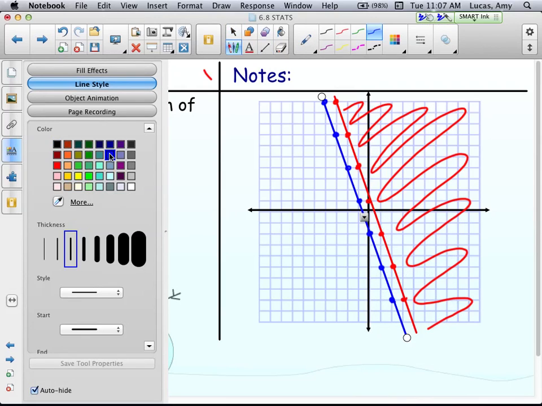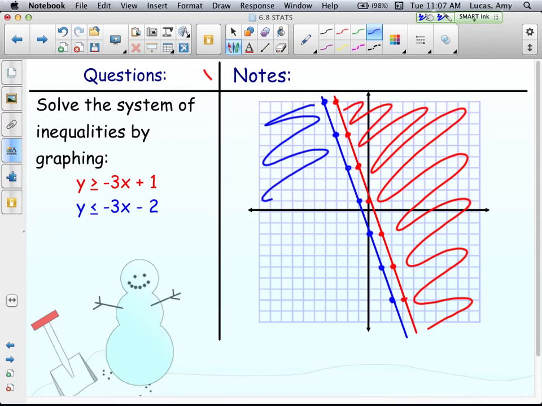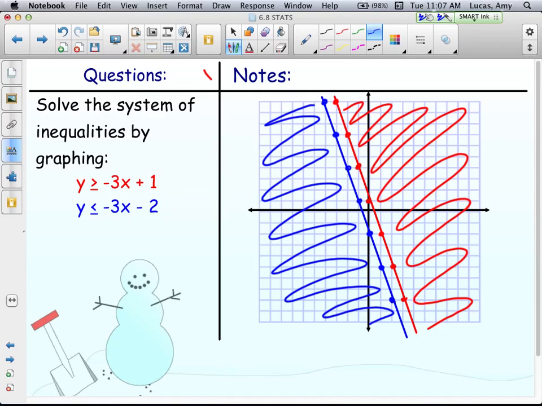So below this line would be shaded over here. So now, what region has been shaded twice? Nothing has. So that means that there is no solution. No solution. There is not an area that was shaded twice.